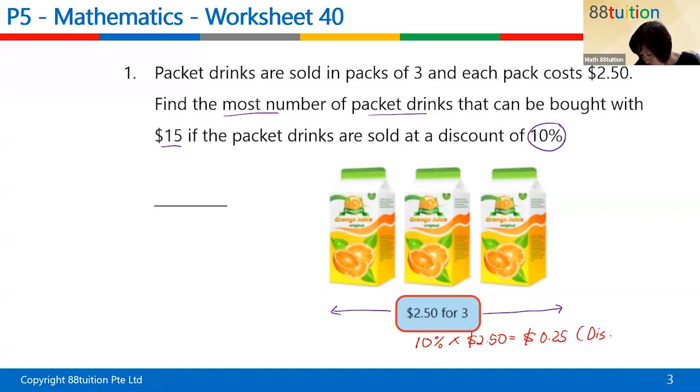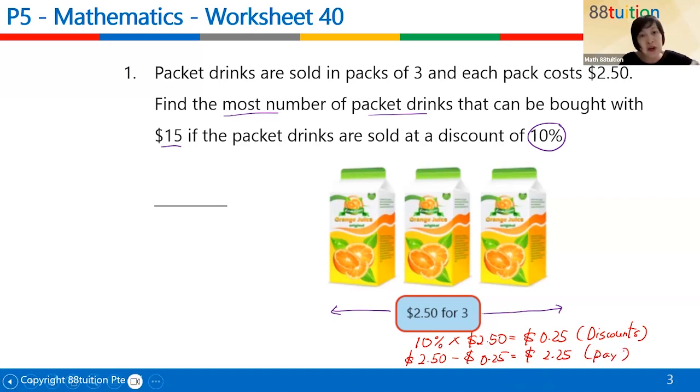So 0.25 is called the discounts, right? So with the discounts, how much must you pay? You pay 90%. So the 90% will be $2.50 minus away the 25 cents, and that will give you $2.25. So this is after discount.